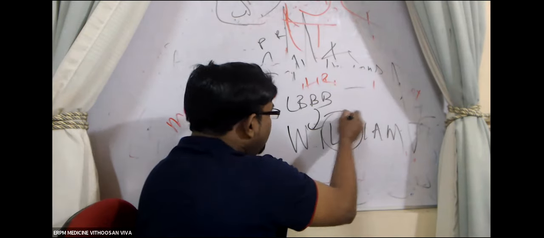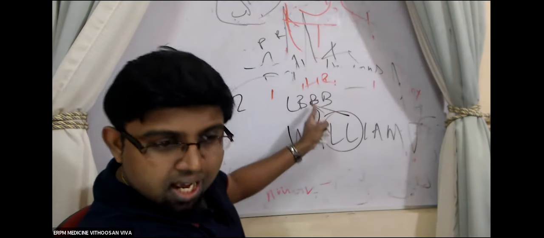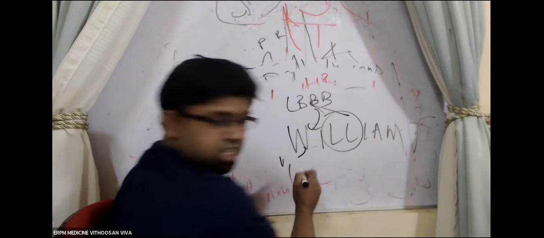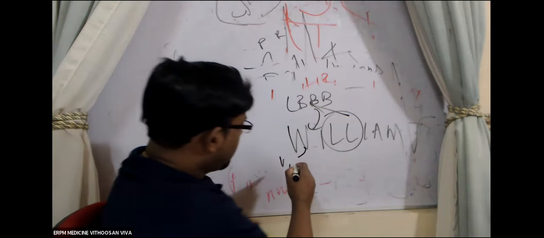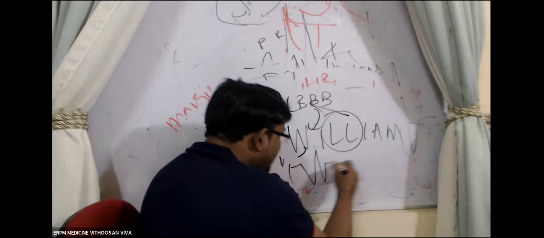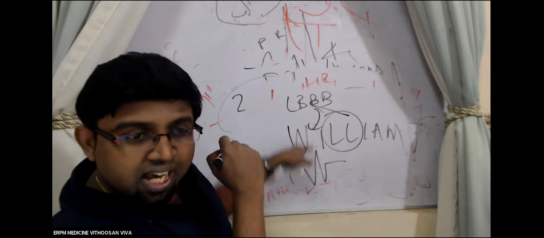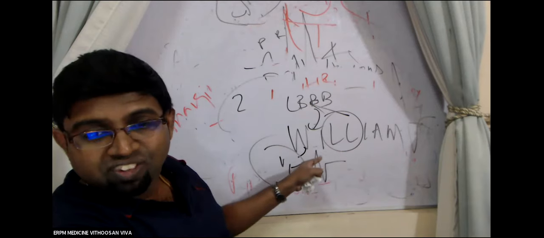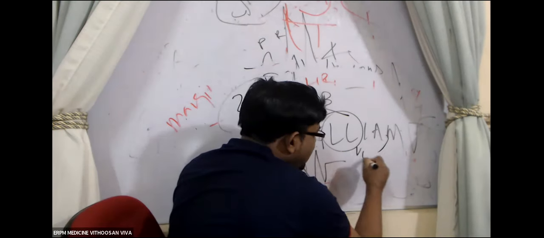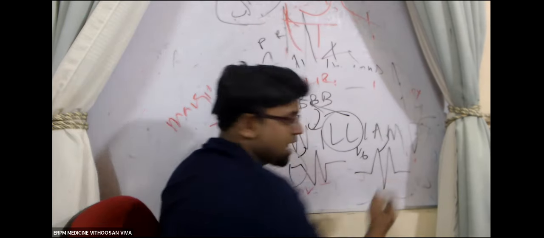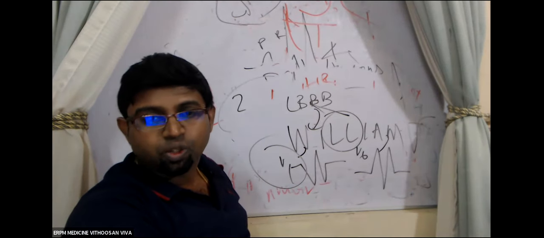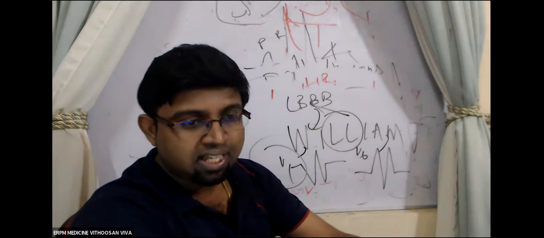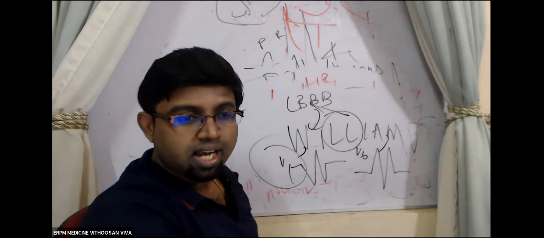So remember L for L: left bundle branch block. In lead V1, your wide QRS looks like W. In lead V6, your QRS will look like M. The seniors told you, I told you in the theory, I told you in the viva.